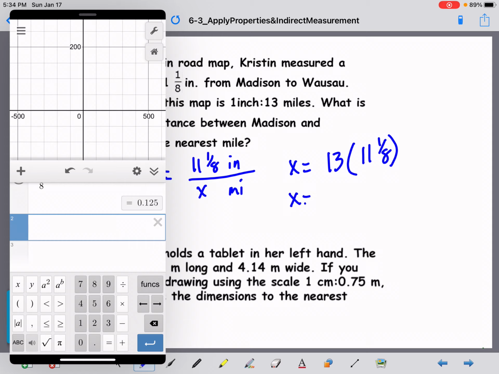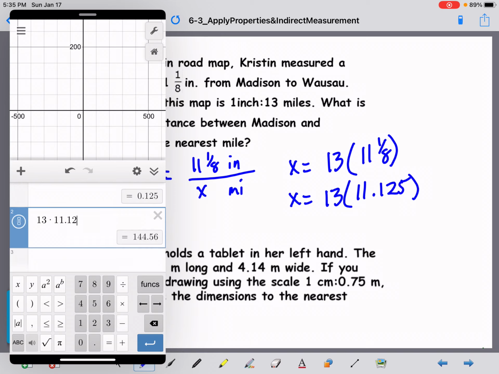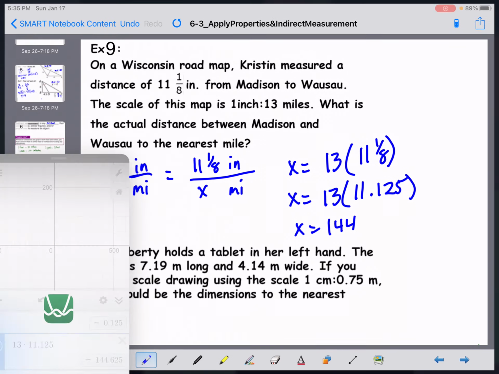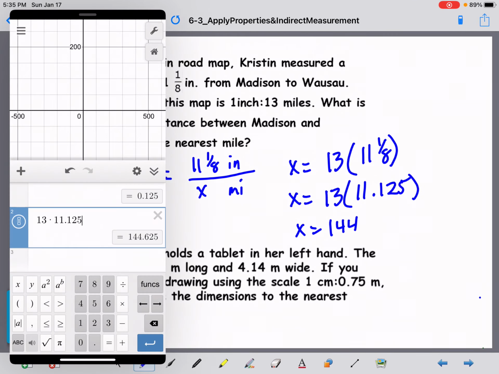So this would be the same thing as saying x times 11.125. And that would be the easiest thing to do in this instance. 11.125. So it is approximately 100 and what are we rounding to? Nearest mile. So it's approximately, that rounds it up, 145 miles.